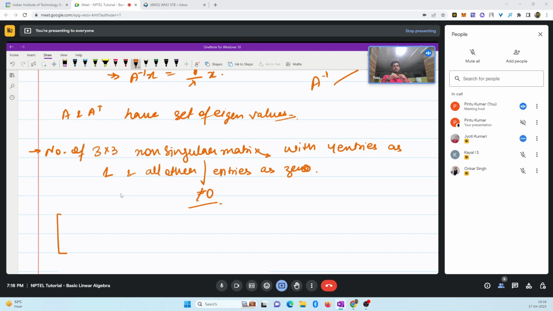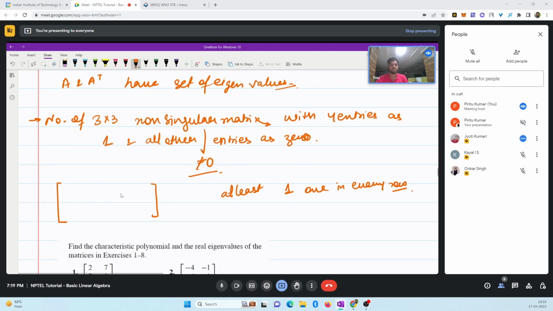So one thing is that you should have at least 1 in every row, right? So now let's say you are starting to fill this.